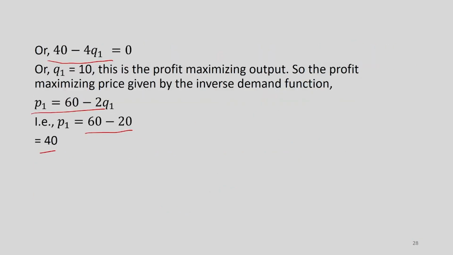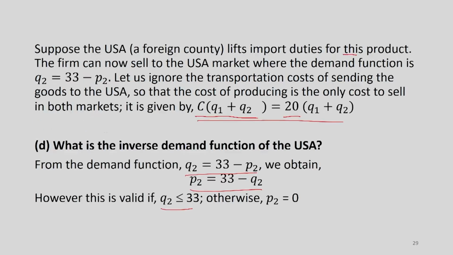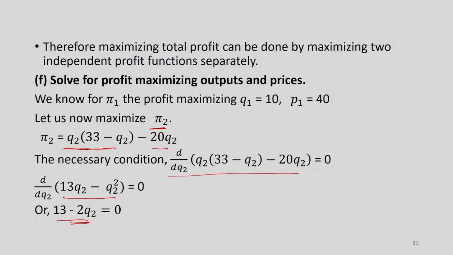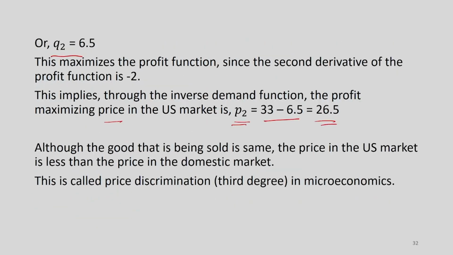So, there is a gap between the price that is being charged for the good in the domestic market, which is a high price, and the price that is charged in the US market, P2. Although the good is just the same, the producer, while maximizing the profit, is charging different prices in different markets. This phenomenon is called price discrimination. It is the price discrimination of the third degree in microeconomics.